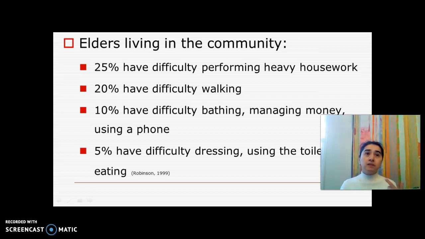These people might have sensory deficiencies such as hearing and vision loss, and they might have developed dementia. And only 5% have difficulty dressing, using the toilet, and eating. Why is this percentage so small?